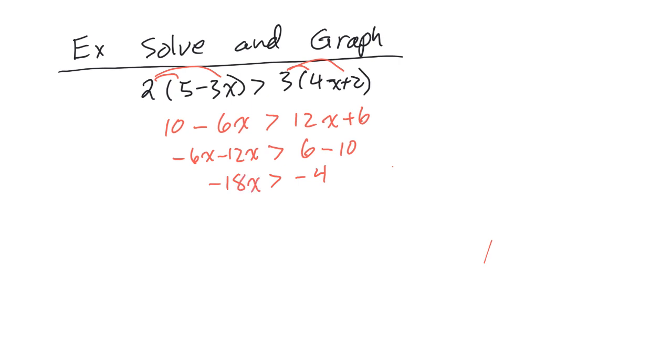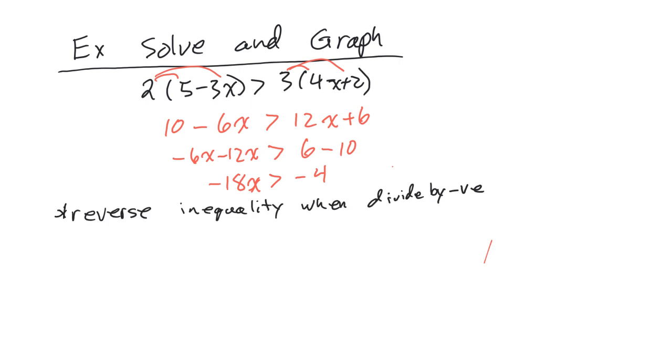So I get -18x is greater than -4. When we originally were working with equations, we would divide both sides by -18 and we'd be done. But I need you to remember, anytime you divide by a negative number in an inequality, we have to reverse the inequality.